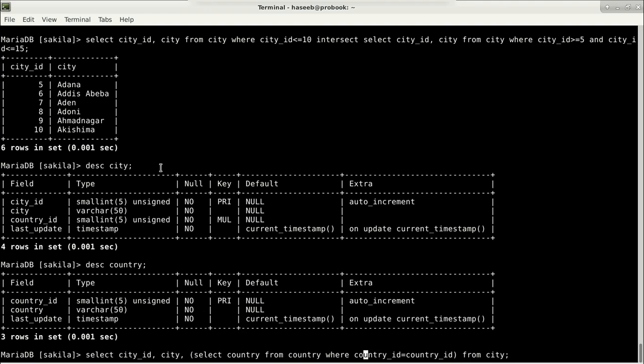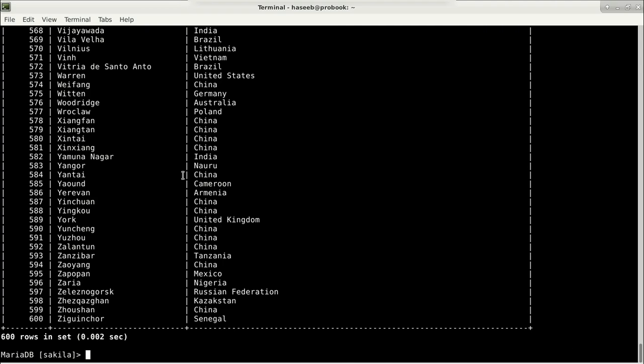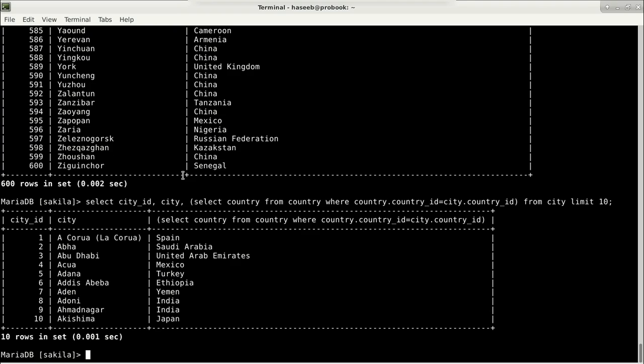These two fields are same and we will have an ambiguity here, so let's write here city.country ID and where country.country ID is equals to. Let's limit the results to only 10 rows so that we can view the results easily.